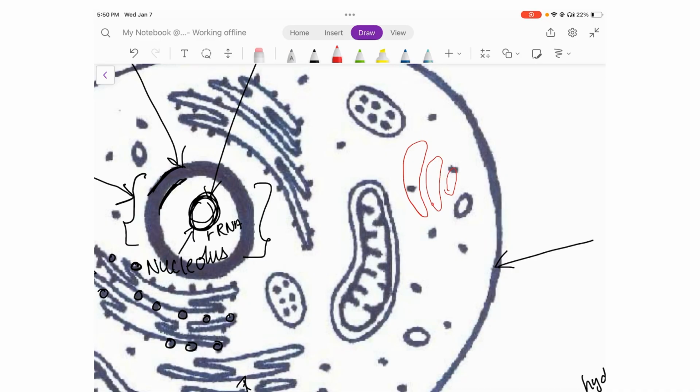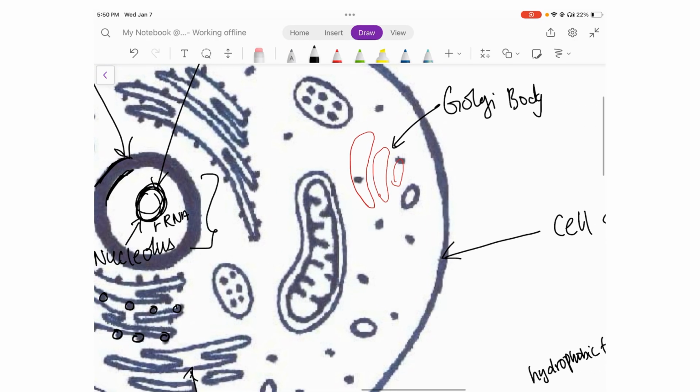This structure right here, this Wi-Fi symbol looking structure, is the Golgi body or the Golgi complex. The CIE will accept the terms Golgi body, Golgi complex, Golgi apparatus, right?